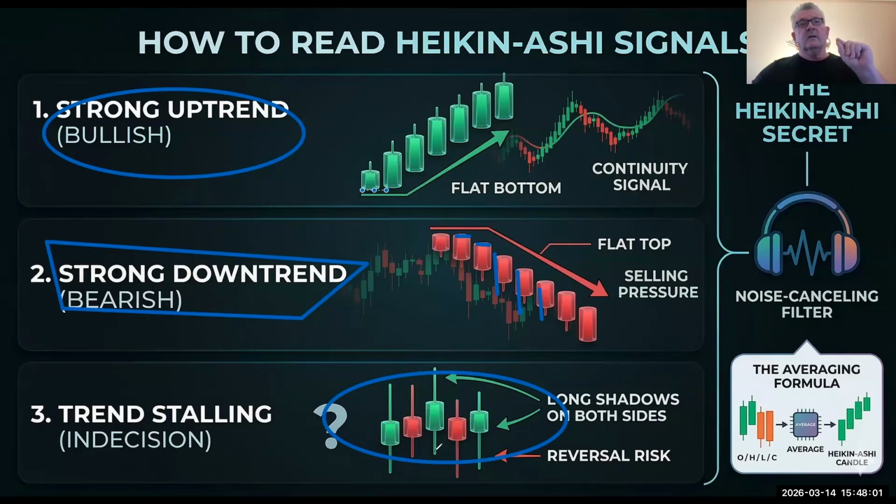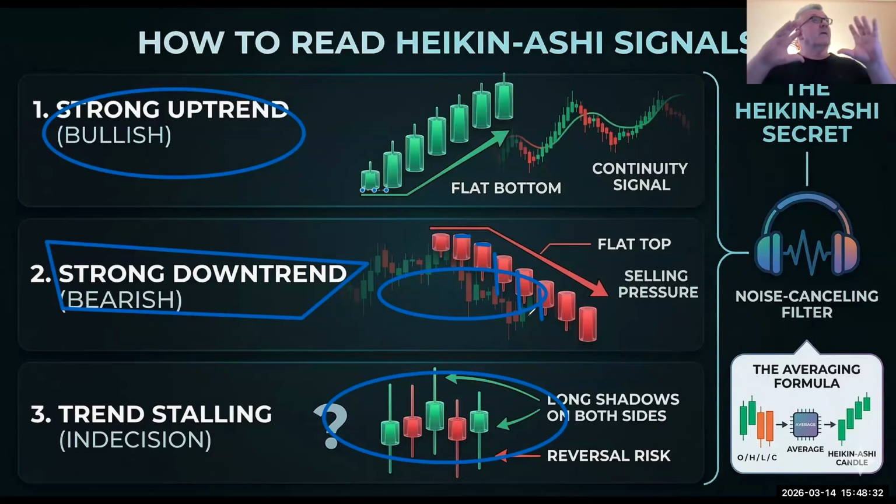And really, the secret in the Heikin-Ashi candle is that they have a noise cancelling filter. In other words, when the markets are trending, and you can see this illustration here, on normal candlesticks when the selling pressure is down, you get red, green, red, green, red, green.